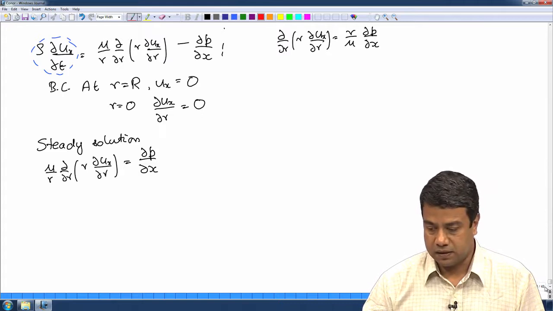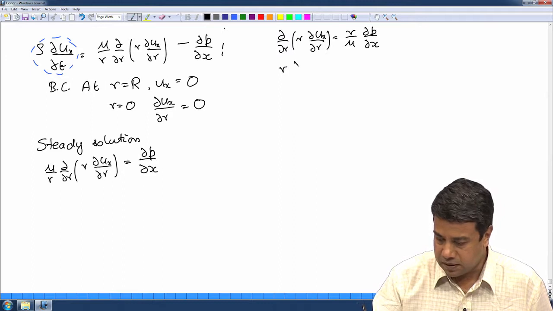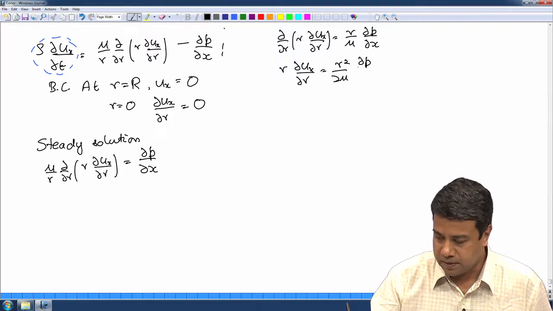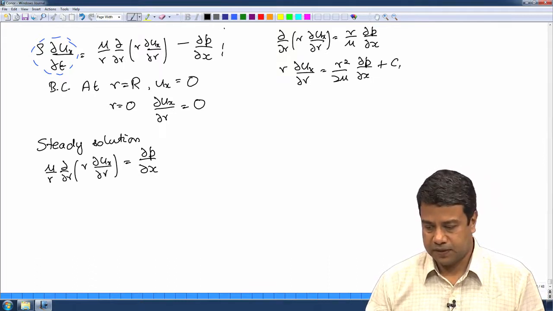Therefore, I can integrate it. Integrate it once and you will get r partial ux by partial r is equal to r square by 2 mu partial p by partial x plus some constant C1.